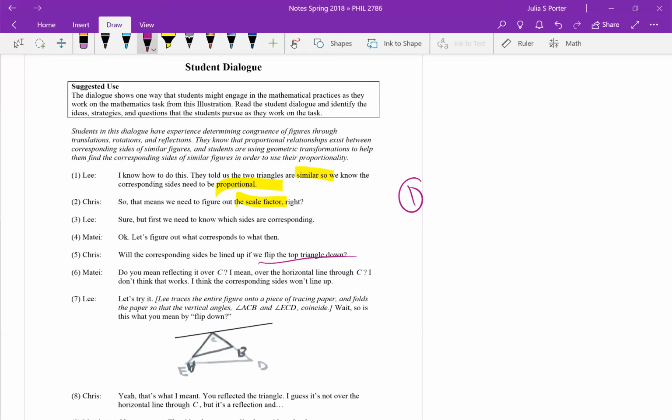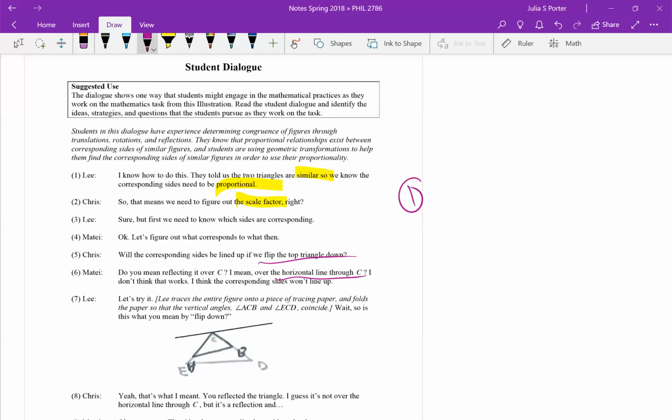Because from saying flip the top triangle down, Chris had one interpretation, but there becomes a misconception from Marty because he thought that flipping the top triangle down meant flipping it over the horizontal line through C, which doesn't work because the sides don't line up, as Marty says.